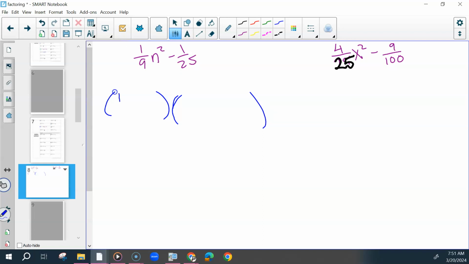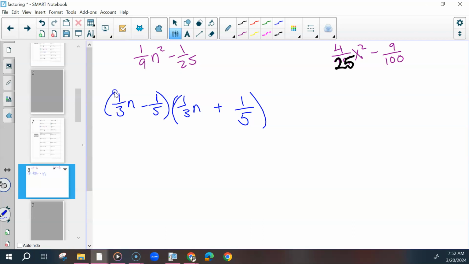What times what would give me 9? And then what times what would give me n squared? And then we just figured out that that would be n. And then what times what will give me 25? 5. Plus minus. So that part works the same. It's just they're now fractions instead.